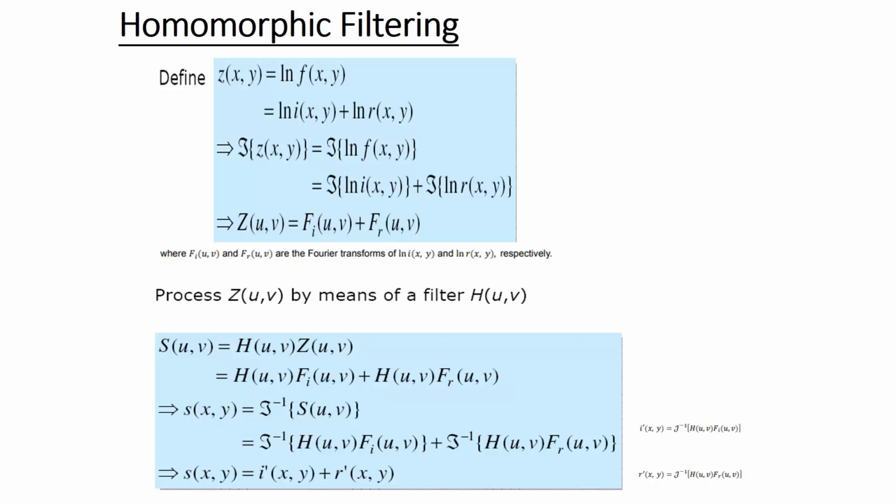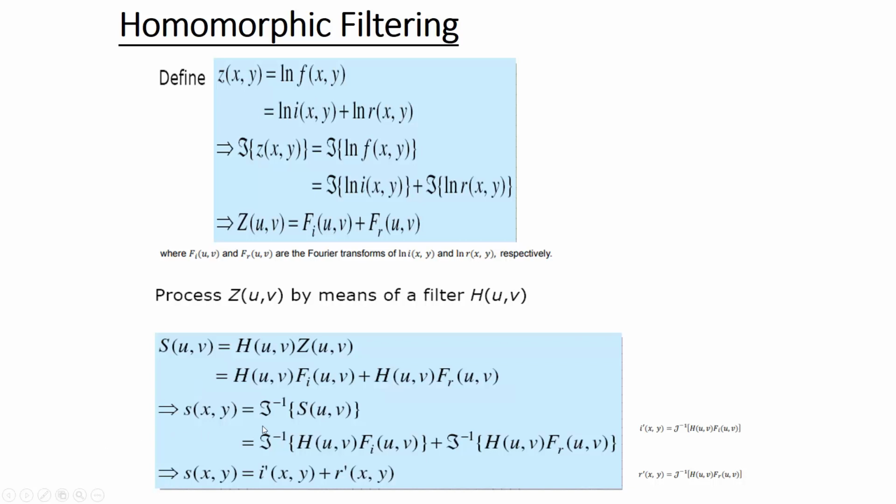Now we want to apply a filtering operation, and the transfer function of the filter is H of u comma v. So we multiply Z of u comma v by H of u comma v, which gives S of u comma v equal to H of u comma v into F i of u comma v plus H of u comma v into F r of u comma v. Now, to convert this S of u comma v back into the spatial domain, we take the inverse Fourier transform.